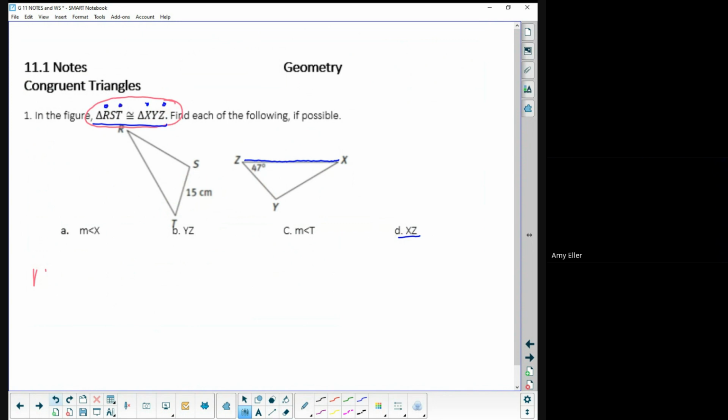RT. Here's RT. Do we know how big RT is? Nope. So do we know how big XZ is? Nope. We write not possible. So it's kind of like a matching game. If you want something, look up here and see what it matches with because the order matters.